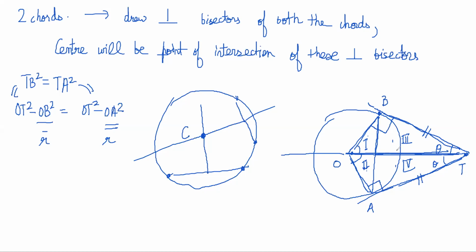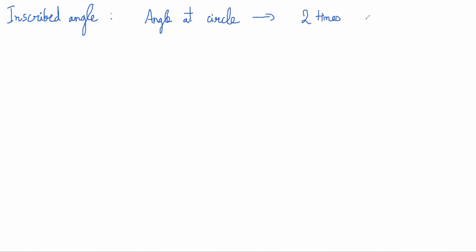Now we will have to prove the inscribed angle theorem, which says that the angle at the center is twice the angle at any other point on the circumference of the circle.